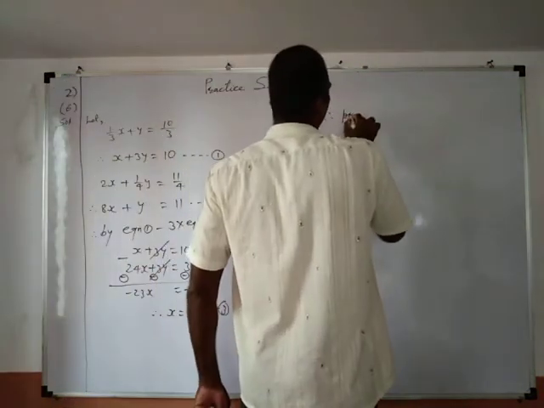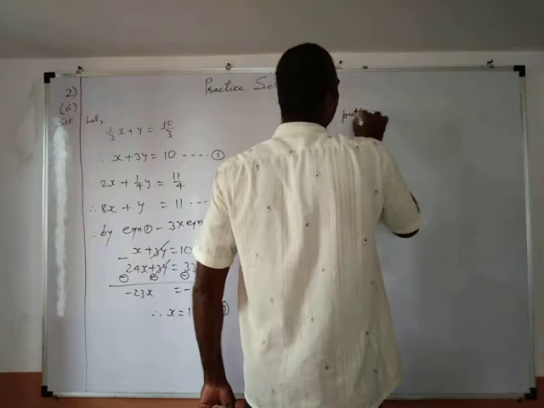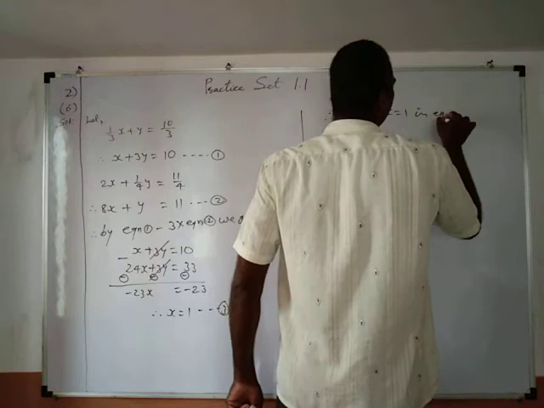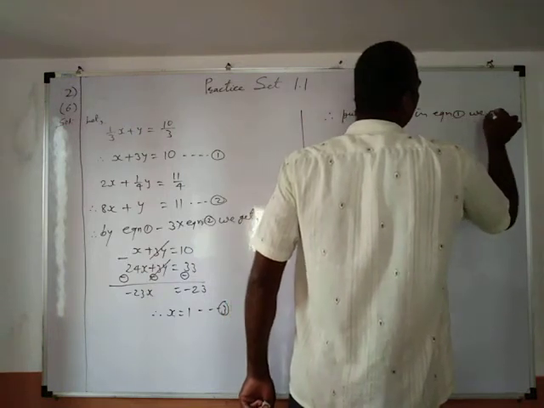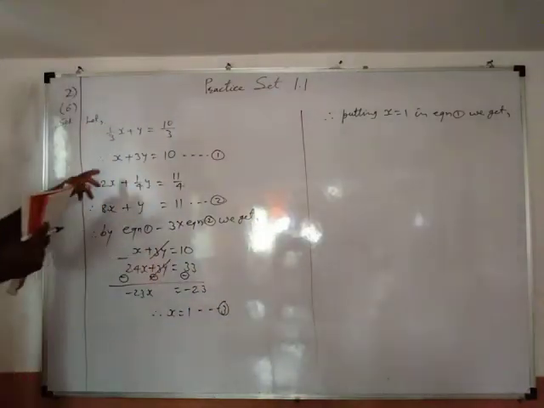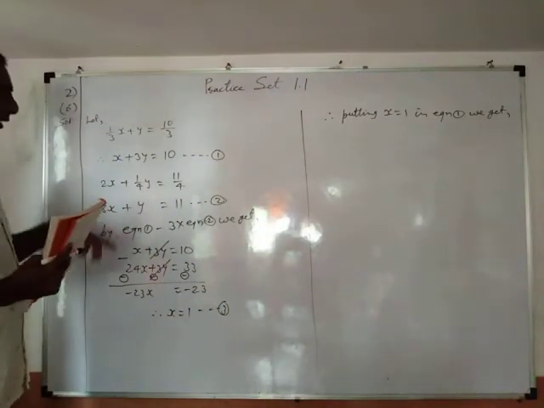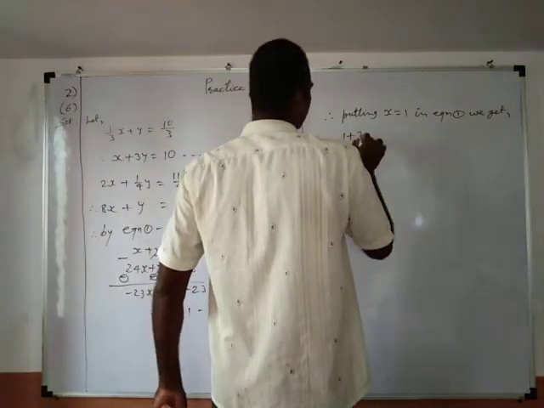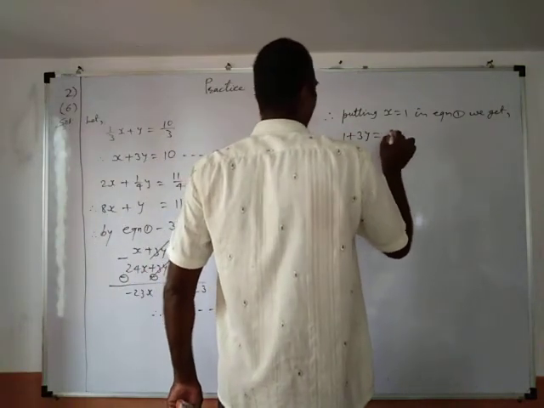Therefore, putting x equal to 1 in equation 1, let us see what we get. Equation 1 is x plus 3y equal to 10 and x is 1. So equation 1 will become 1 plus 3y equals 10.